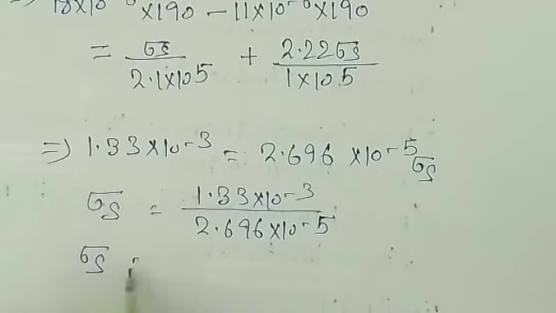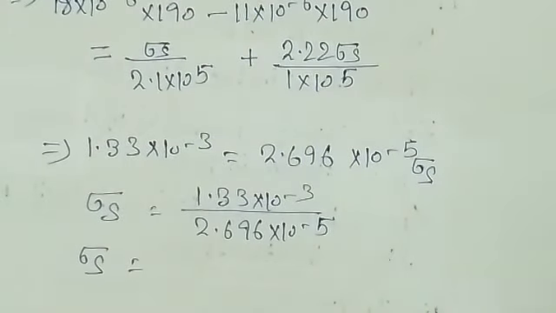So sigma s we calculated, it will be 1.33 into 10 to the power of minus 3 by 2.696 into 10 to the power of minus 5.